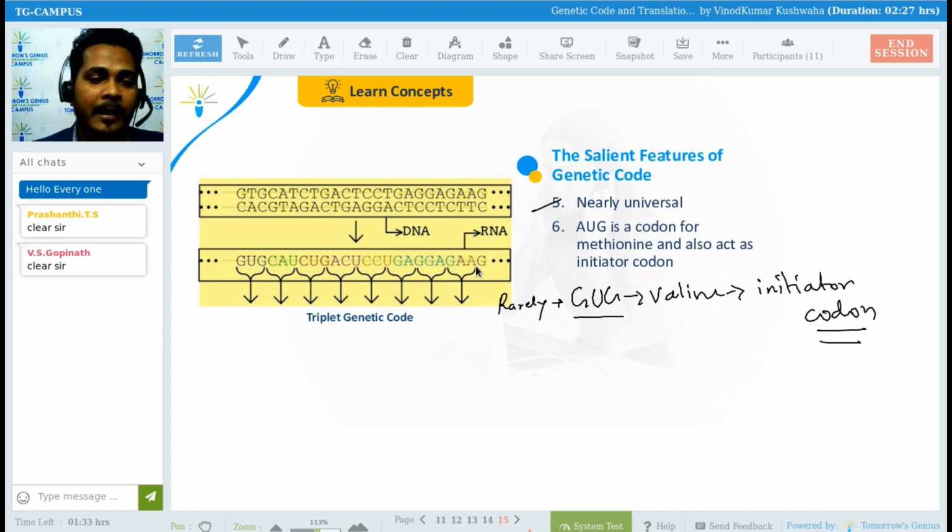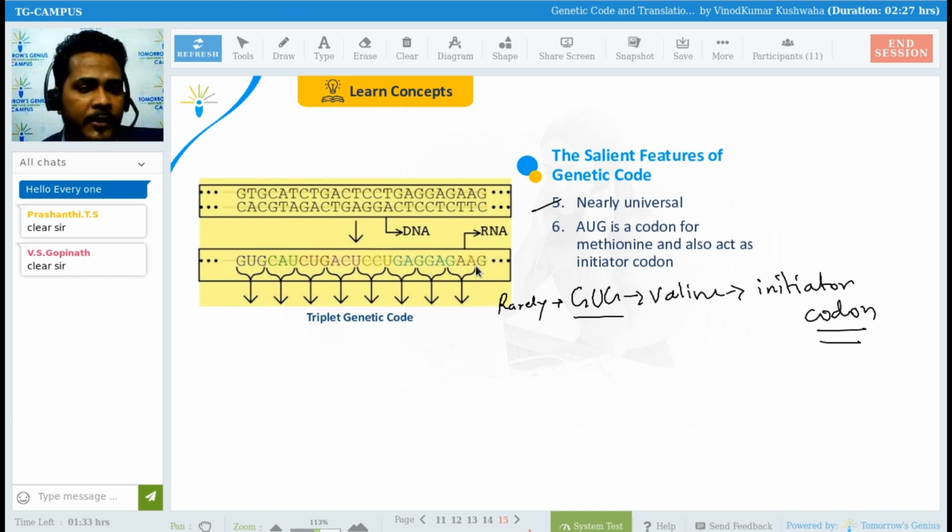Insertion means addition. If any addition or deletion of nitrogen bases changes the reading frame of the mRNA from the point of insertion or deletion, then it comes under frame shift insertion or deletion mutations. That can also be possible, right?